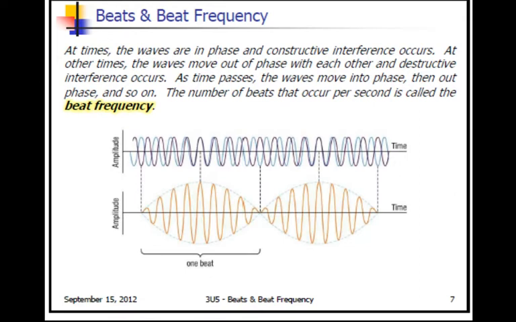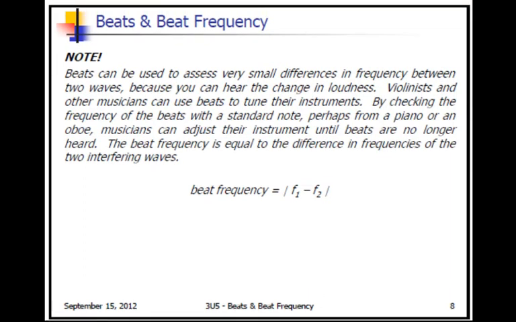The frequency that's produced is called the beat frequency, and it's the number of beats per second. For those standing wave beats that have alternating waves within them, each one of those loops is called a beat. And the beat frequency is equivalent to the absolute value of the difference between the two frequencies.